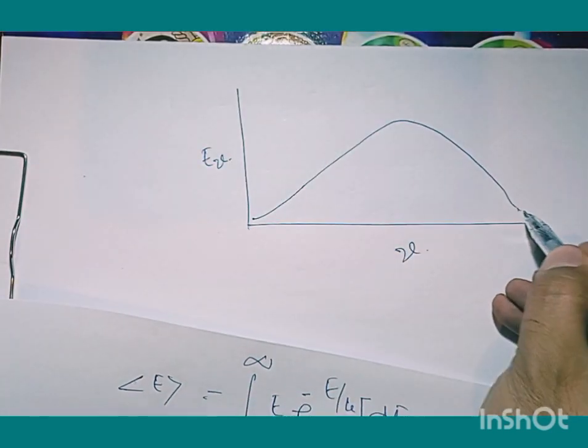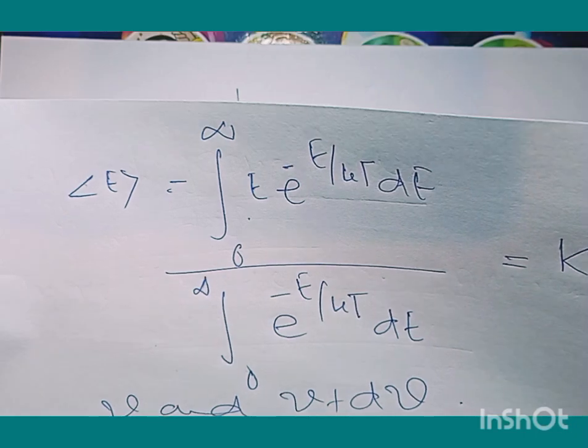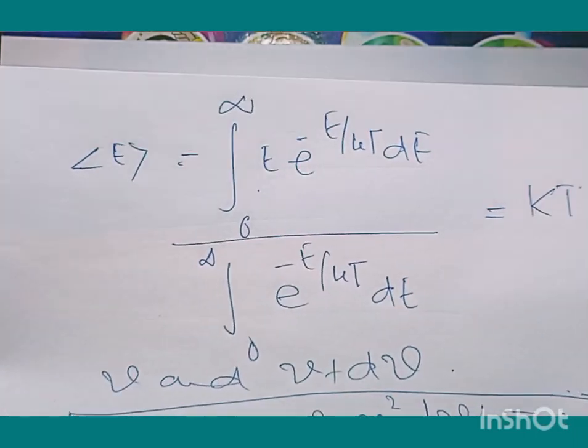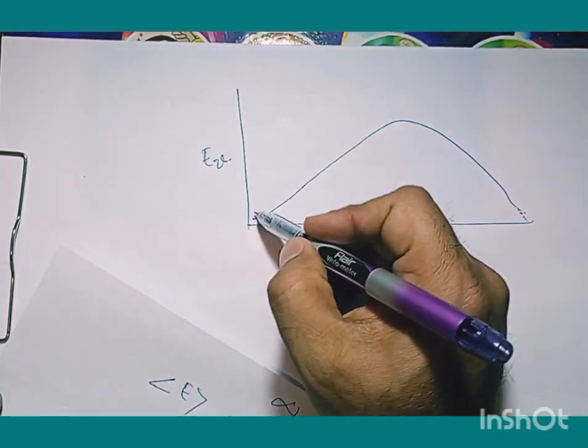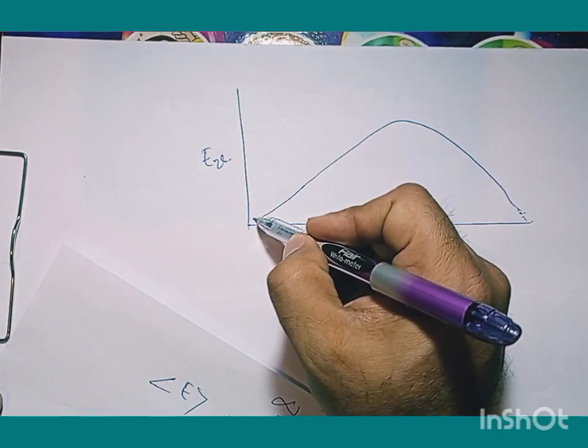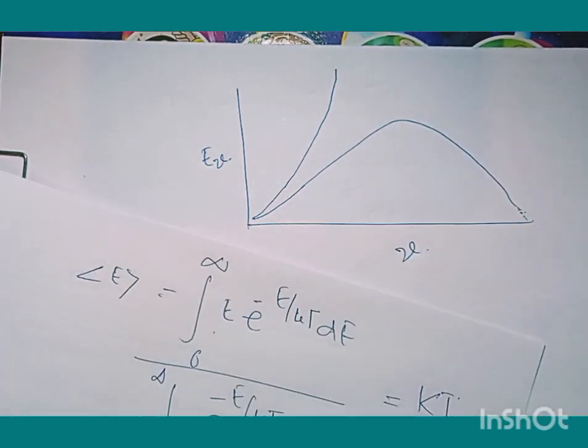So it goes very, very low at low as well as higher frequencies. So there is a complete disagreement. If we plot Rayleigh-Jeans law, its outcome will look something like this.